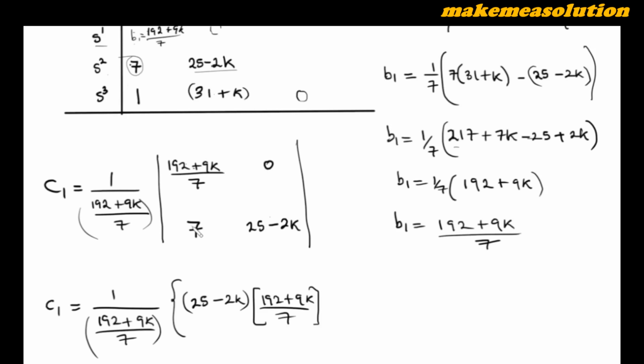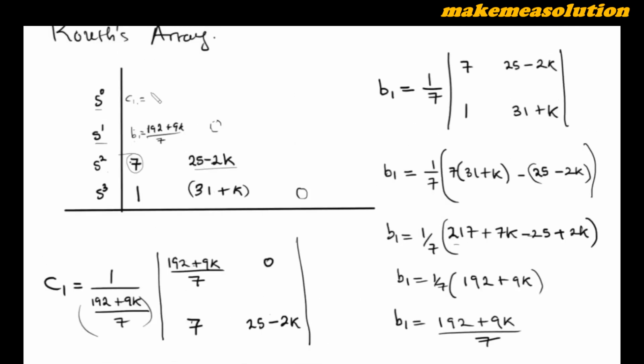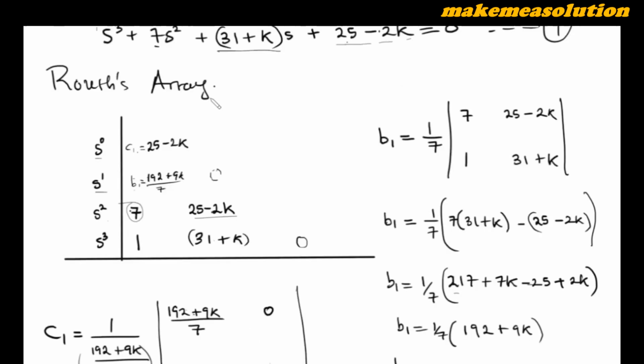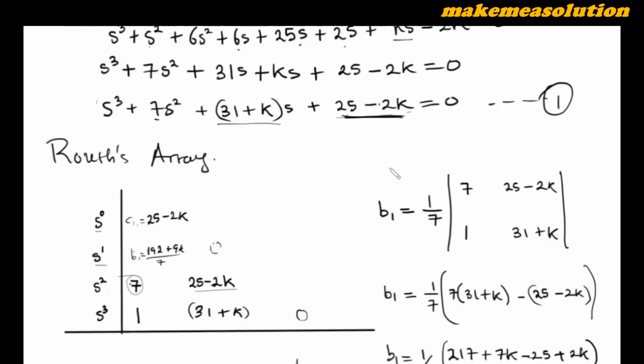Then this times this is minus 0, so we don't need it. At the end of the day, this one can cancel out this one, and you are just left with 25 minus 2k. So can you see that our last term over here, which is 25 minus 2k, highly corresponds with what we have over here as the constant term, 25 minus 2k.